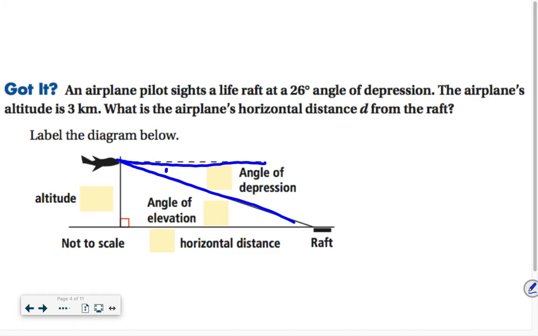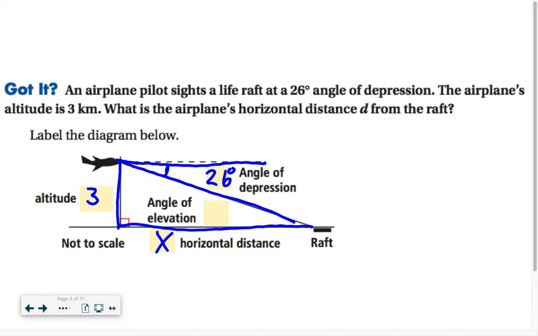So this angle is my angle of depression, which is 26 degrees. It says the airplane's altitude, so how high it is, 3 kilometers. So my altitude, this length, is 3. I want to know what the plane's horizontal distance is from the raft. So this is the side I'm looking for, X.